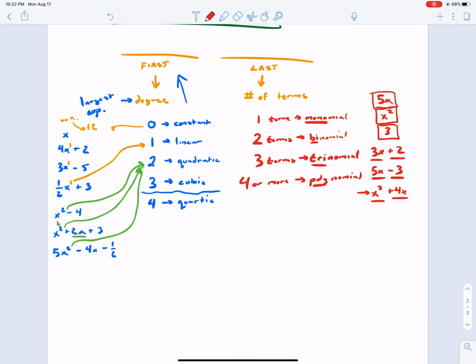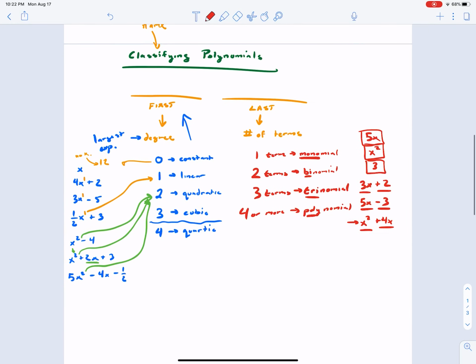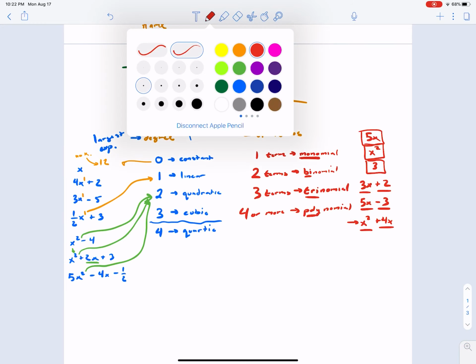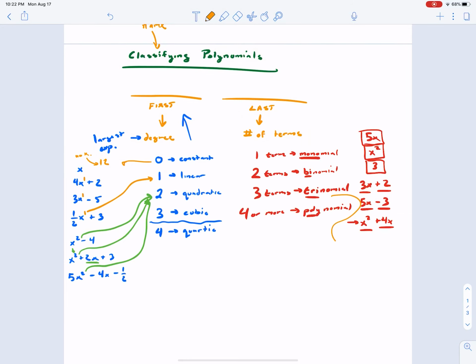Okay? So when you classify, let me give you an example of a trinomial, sorry. A trinomial would be something like x squared plus 2x minus 3. 1, 2, 3 terms, okay? 4x squared minus 2x minus 6. That is also 3 terms, okay?